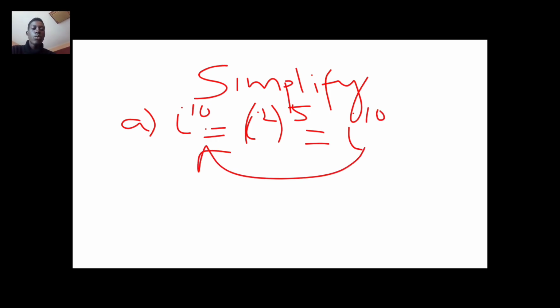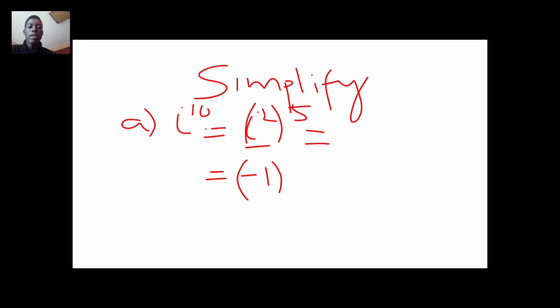But now you are being told to simplify it. What you will do, you will simplify what is inside there. i raised power 2, you know it already is negative 1. So replace it with negative 1 raised power 5. Any number that is raised power odd number, for example 5 here, negative will not change.